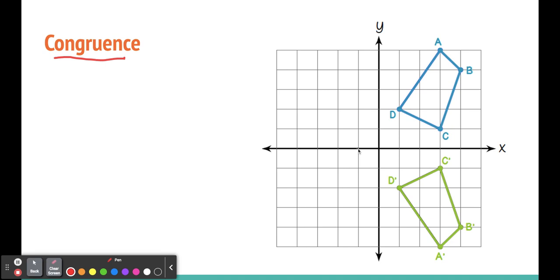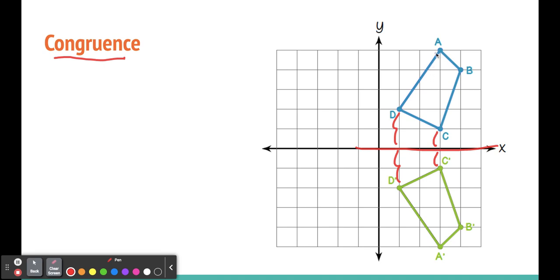I know it's a reflection because each of the corresponding points, C and C prime, D and D prime, A and A prime, B and B prime, is the exact same distance from the line of reflection, which is the x-axis. So C and C prime are both 1 unit from the line of reflection on opposite sides. D and D prime are both 2 units from the line of reflection on opposite sides.